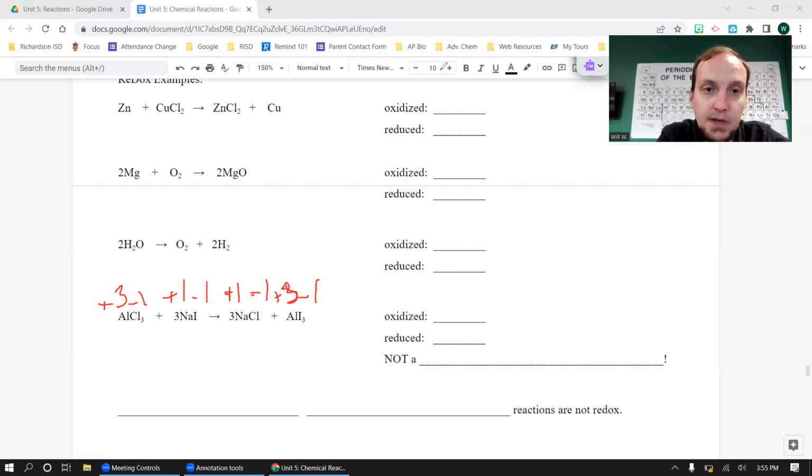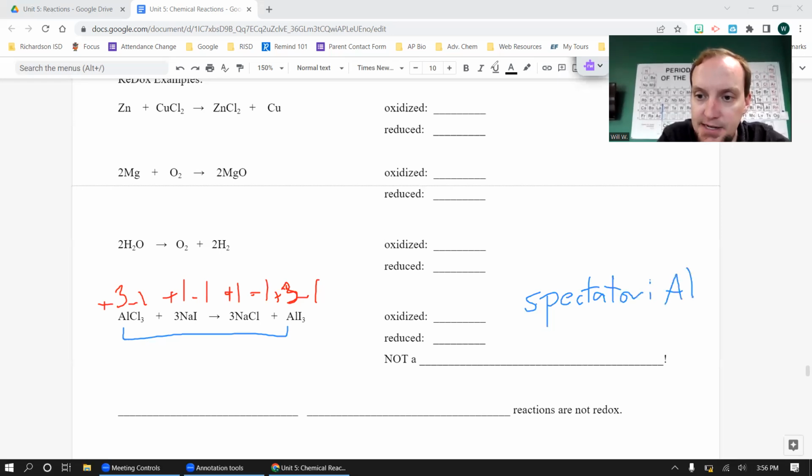Iodine is a -1. There's 3 of them, so the aluminum would have to be a +3 to get that back to 0. All right, now that we have the oxidation numbers assigned, let's look at aluminum. So aluminum's going from a +3 to a +3. Well, that's no change. So it's a spectator. So I'm going to go ahead and add spectator over here. So the ion, aluminum, is a spectator. It's not doing squat. All right, let's look at chlorine.